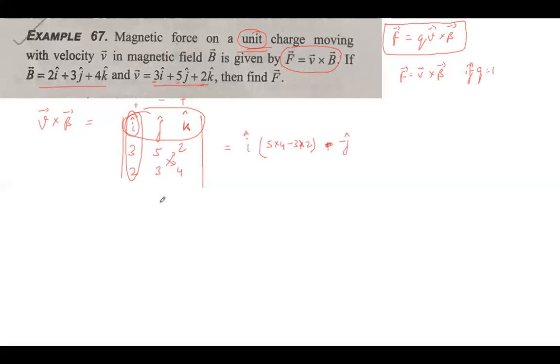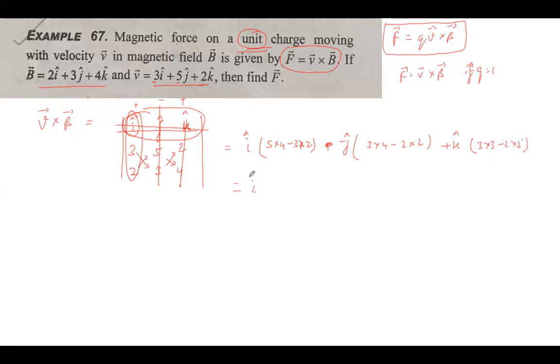Then what we'll do, we will mask this and this. So when we mask these two, what is remaining is 3, 2, 2 and 4. So we'll write 3 into 4 minus 2 into 2. Plus of k cap, then we'll mask this and this, and what is remaining is 3 into 3 minus 2 into 5.